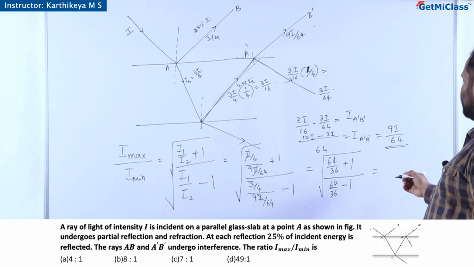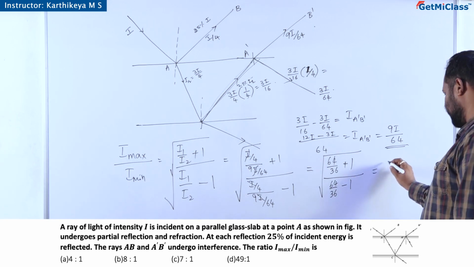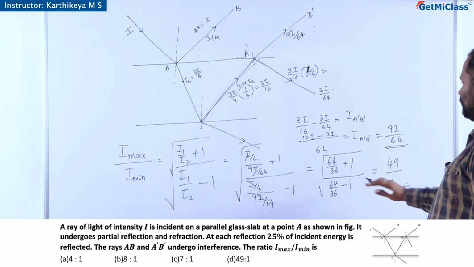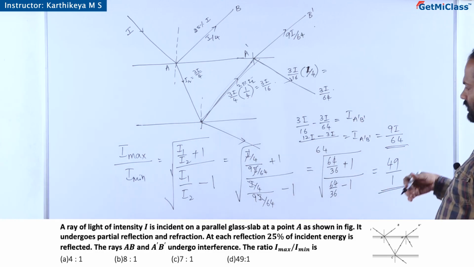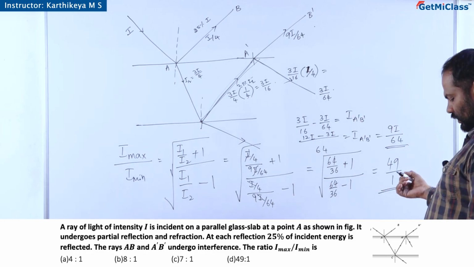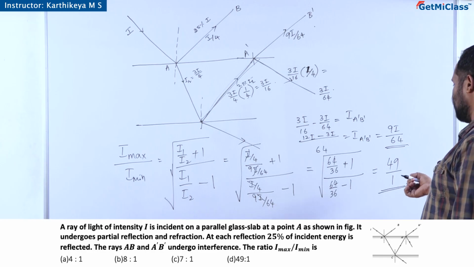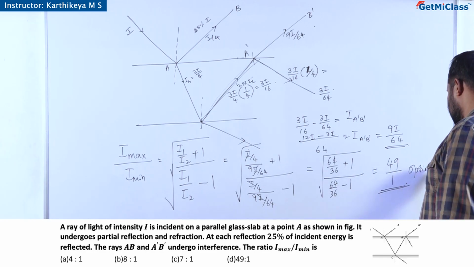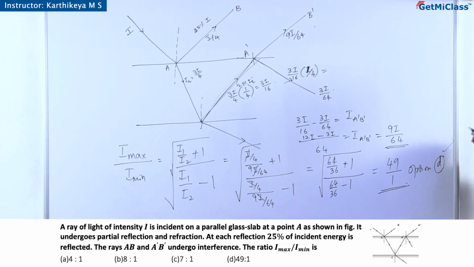So finally we arrive at an answer 49 by 1. This will become 49 times more. So 49 times more, that is option D is the right answer.